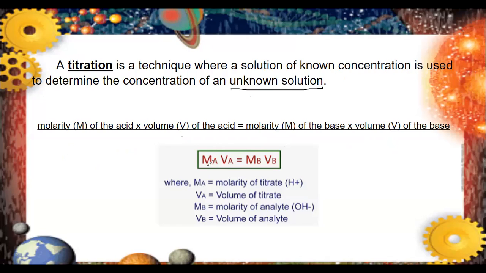We have M sub A, V sub A equals M sub B, V sub B, wherein letter M stands for molarity, letter V stands for the volume, letter A for acid, and letter B for our base. Alright? So this is our general formula for titration.